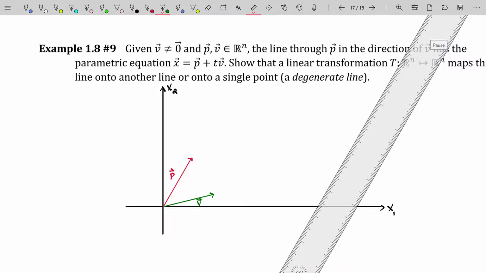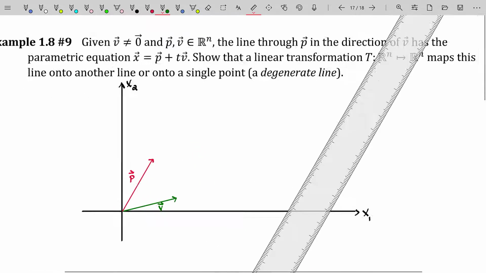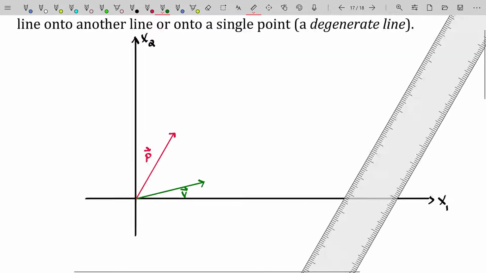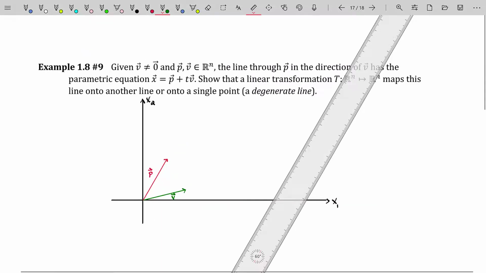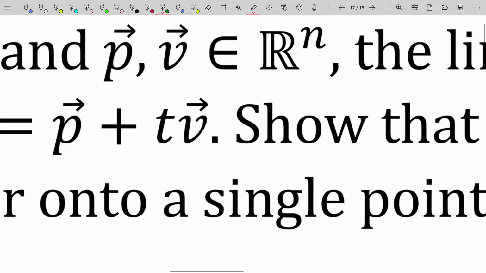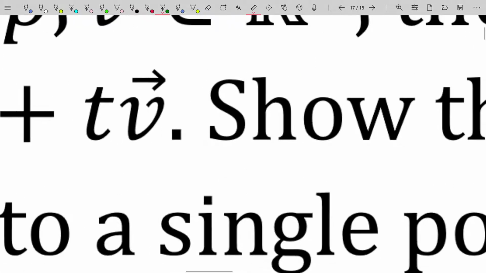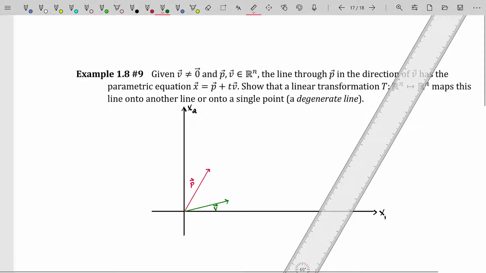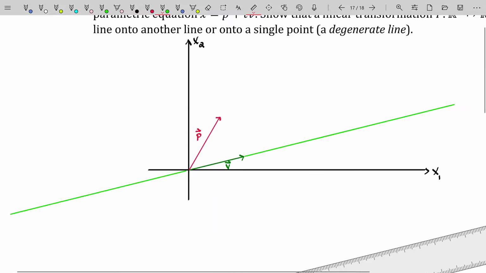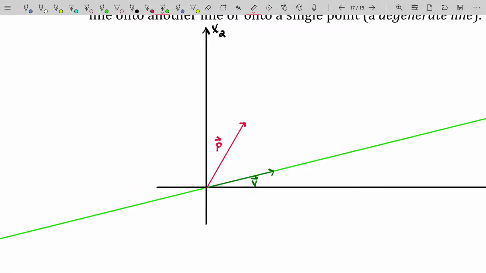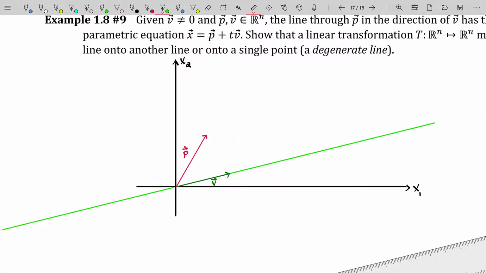Now, as you can see here, I drew just a two-dimensional system, x1, x2, and I drew two vectors, v and p. Now, t times v is any scalar multiple of v. So I'll go ahead and showcase what that looks like. That light green line is just different multiples of the vector v.